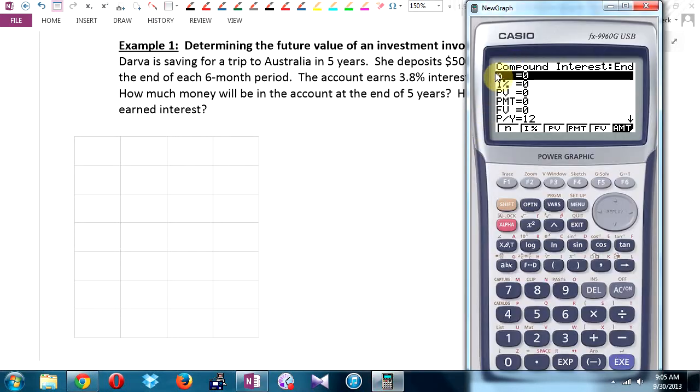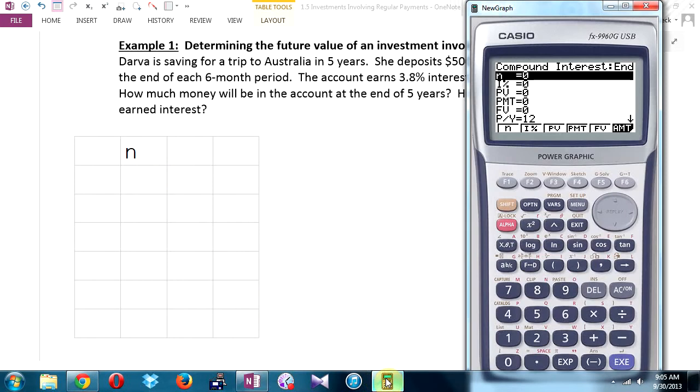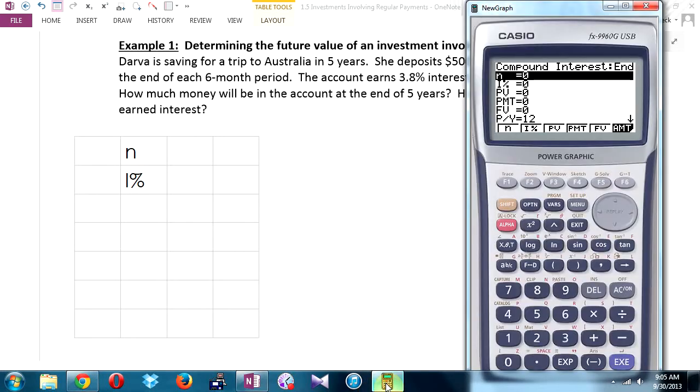So what's the first letter that appears? N. I've done a little chart here. You can do just a nice wide little table, but I've done mine typing. There's a little N. What else appears in the next below it? Capital I percentage. What's the square below that? PV.